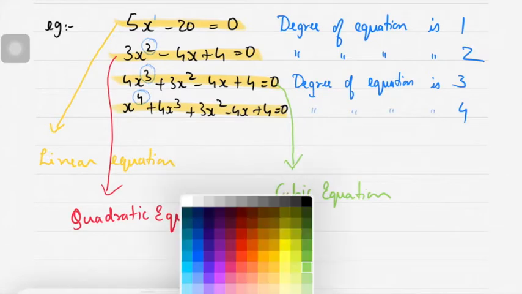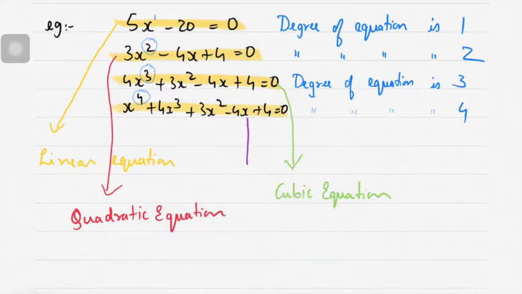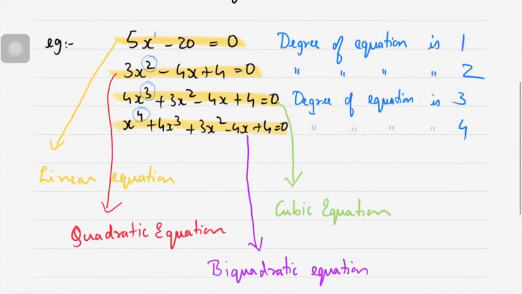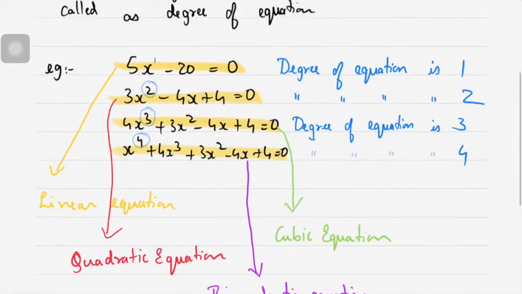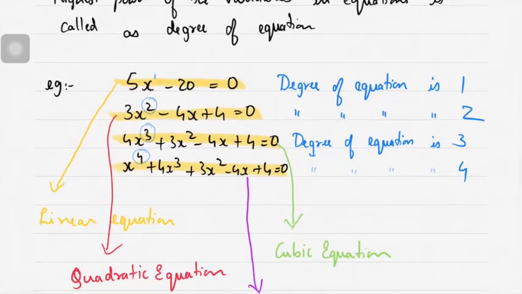And then the last one is called a biquadratic equation.